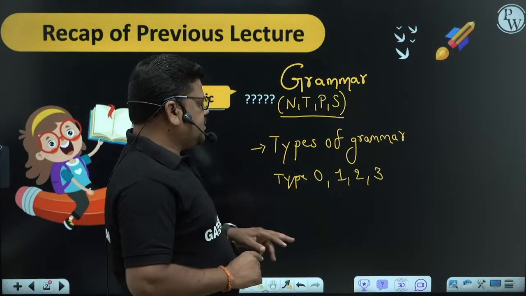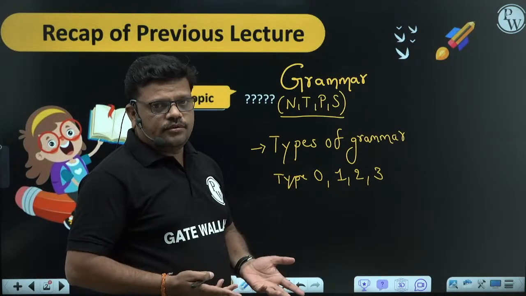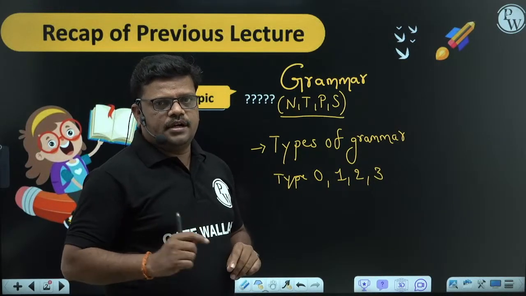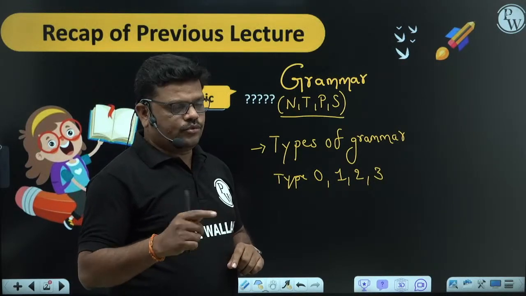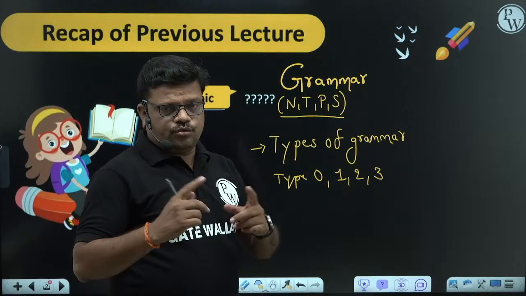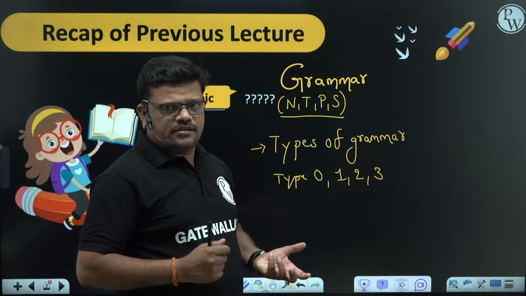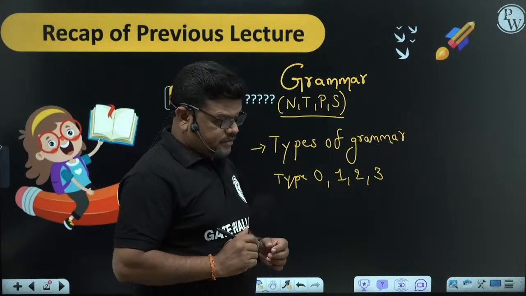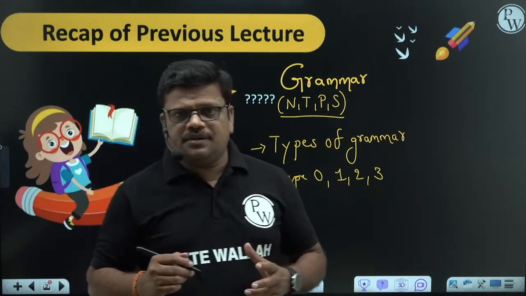So all these concepts, what is type 0, what is the rule of that grammar, what is type 1, what is the rule of that, type 2, type 3, their rules we studied, and we have taken some example grammars and performed this type analysis on these grammars. Just construction of the grammar is not sufficient here.